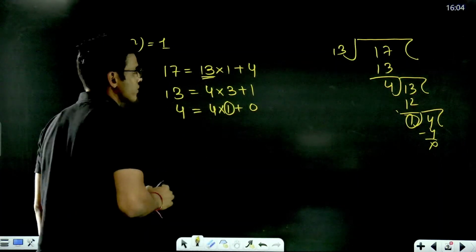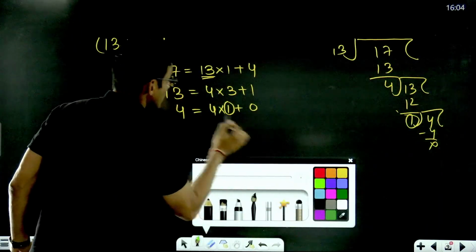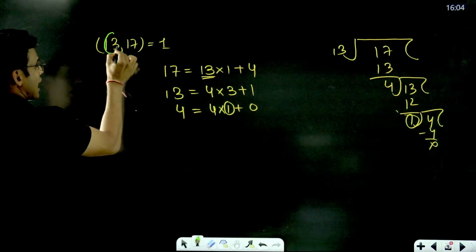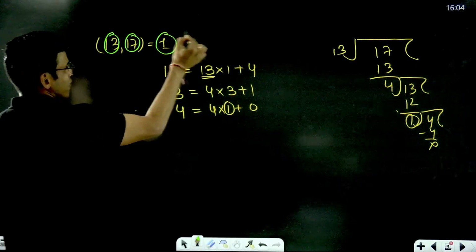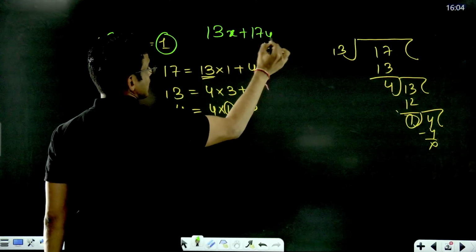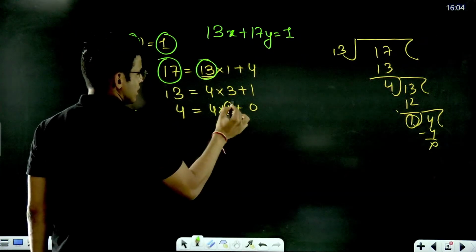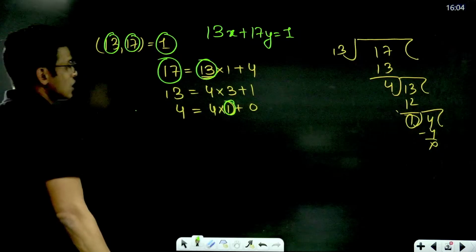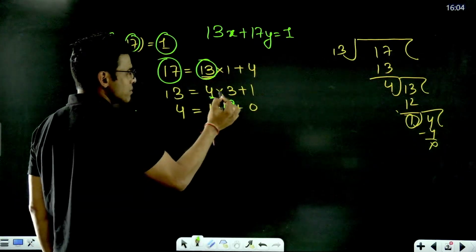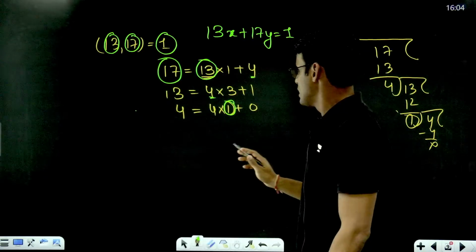In the end, I have 1. Now just see here. In my equation, I want 13, I want 17, and I want 1. So I'm just circling them, whatever I require. I require 17, I require 13, I require 1. So 4 is something which I have to do away with, right?